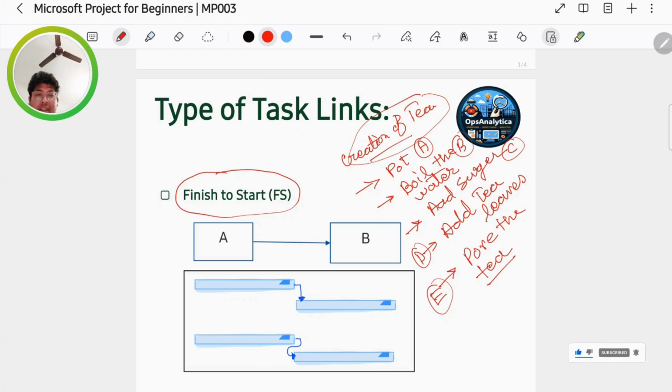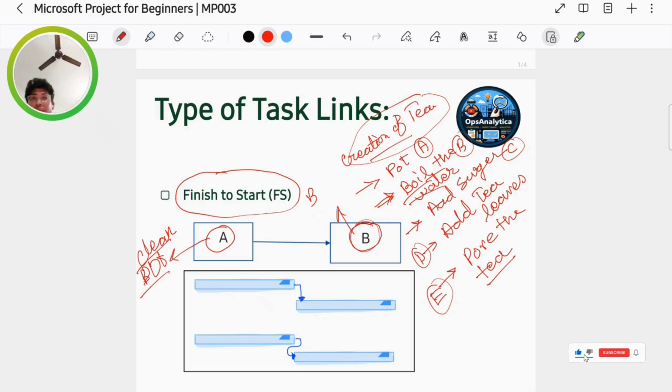Now let's start. Suppose first activity A is to clean the pot, and activity B is boiling of water. Just imagine, first we have to clean the pot, then only we can put the water in it, and then only we can boil. That means activity B can only start once activity A is done.